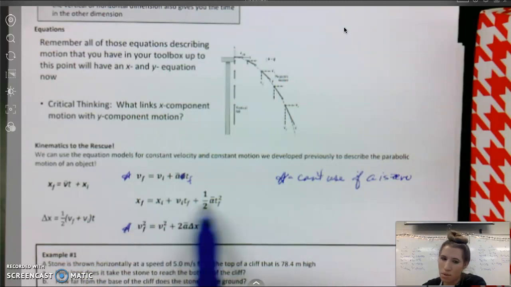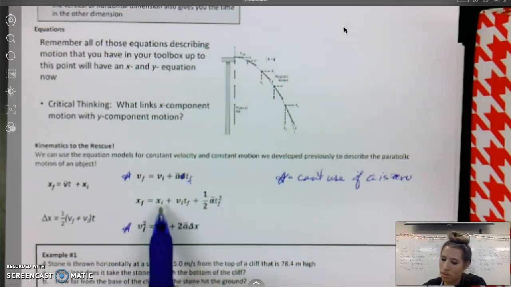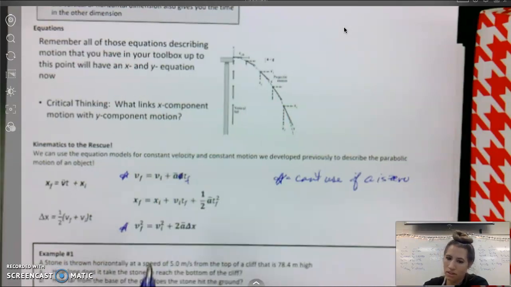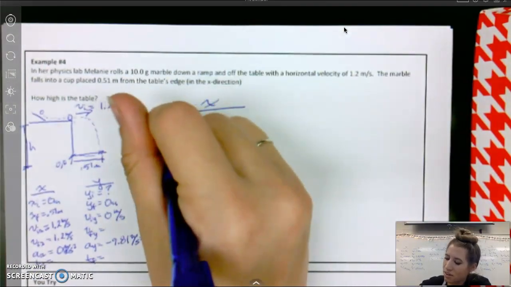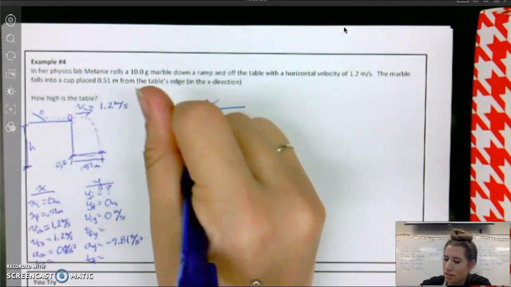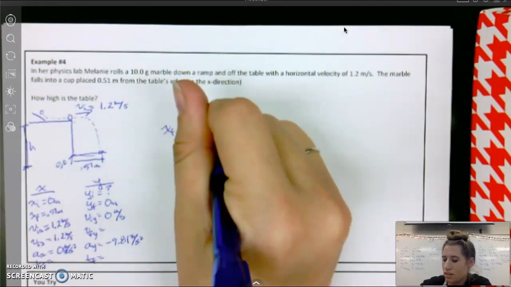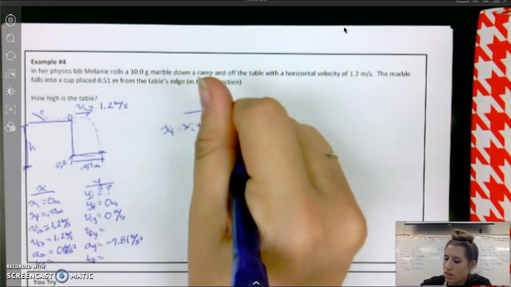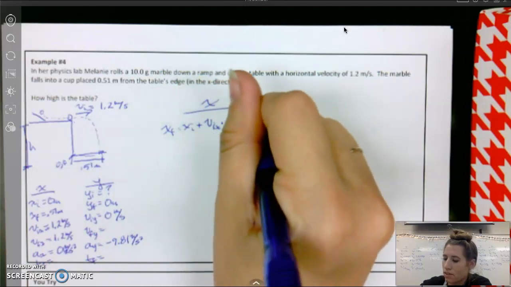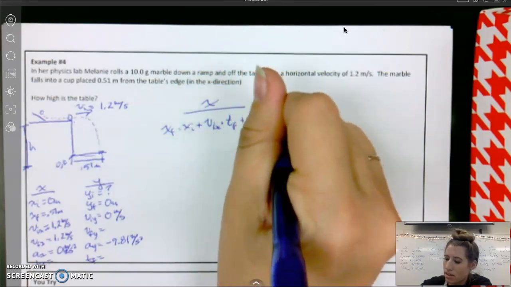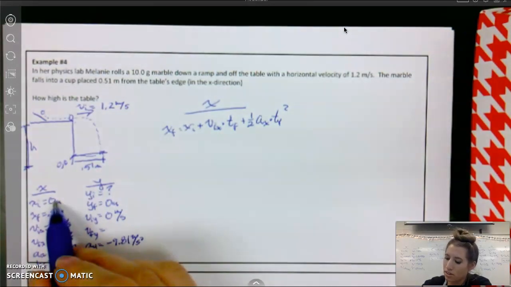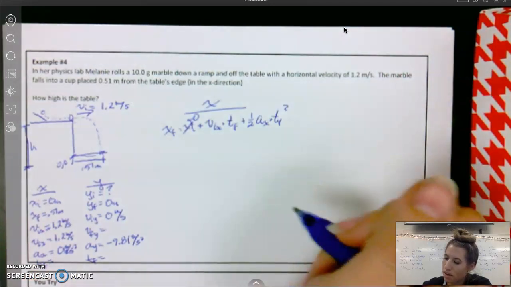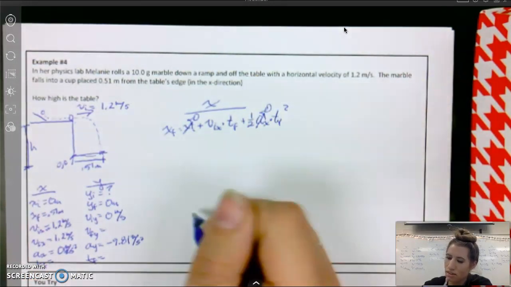Now I'll tell you this one becomes really simple because the acceleration in the x direction is 0 and the initial is 0. Let me show you what I mean. So x final equals x initial plus velocity initial in the x direction times t final, plus 1/2 acceleration in the x, t final squared. Now, our x initial is 0. Our acceleration in the x is 0.